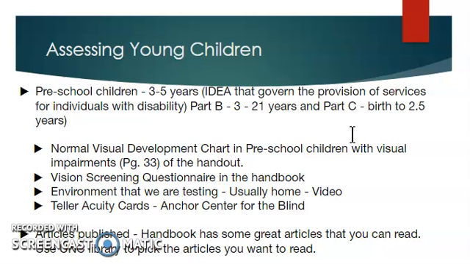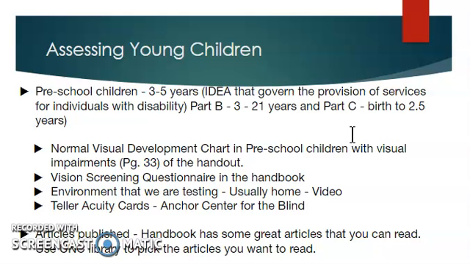So when you have to assess a preschool child with a functional vision assessment, the best way is you need to understand the typical development of a child in terms of how the vision is developed from baby to 3 years. To understand anything atypical, you need to understand what is typical. And the handbook that we've attached is a great resource to read.